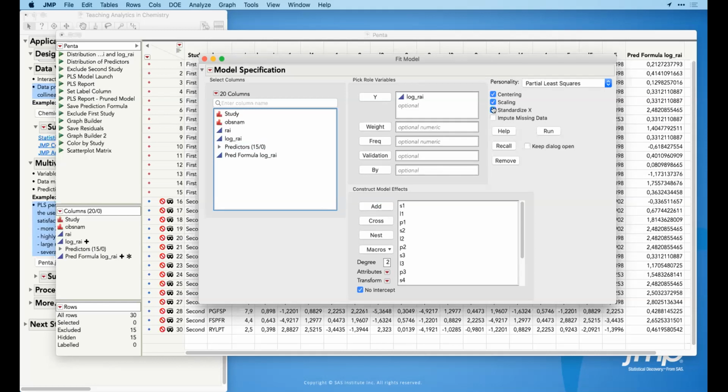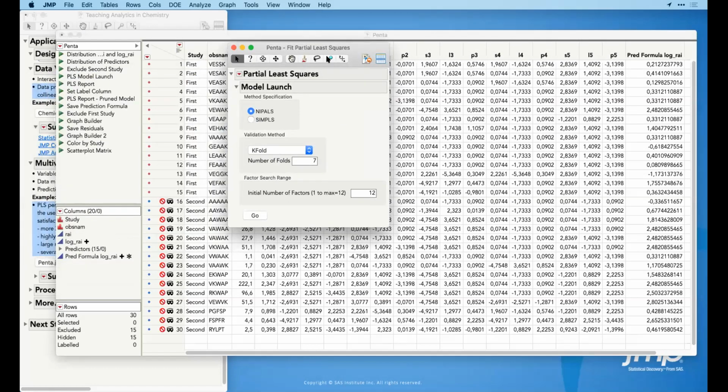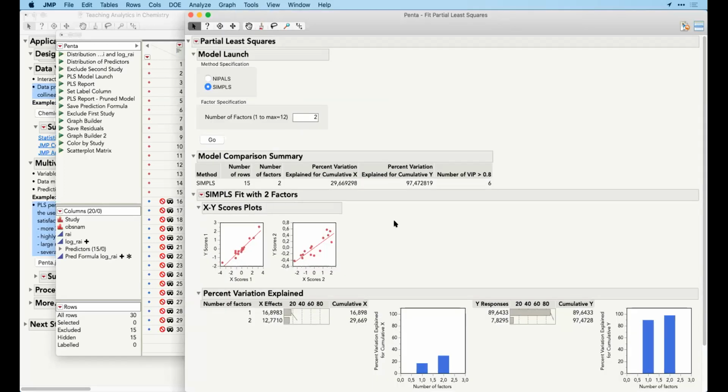Now we only have one response, so I don't need this here, and then I run this. I can also choose the other SIMPLS method. It's basically the same for a single response. I don't do any validation, and I only want 2 factors to start with. And then I click go.